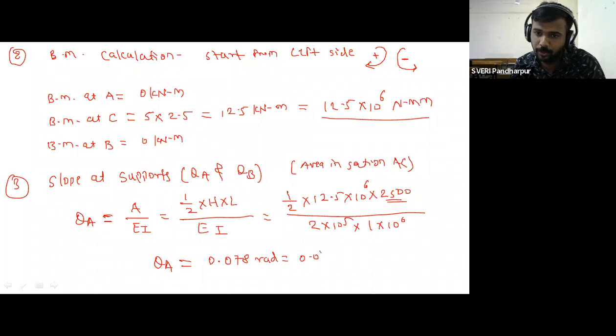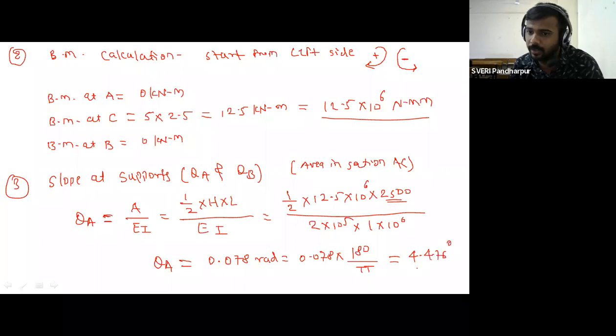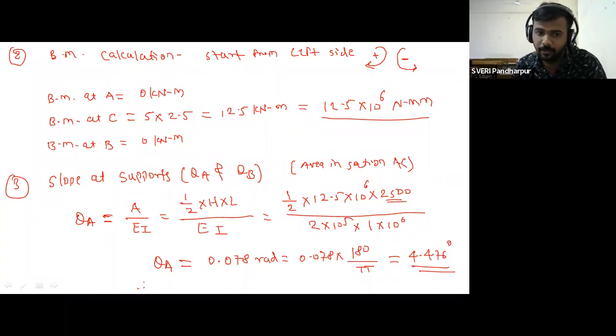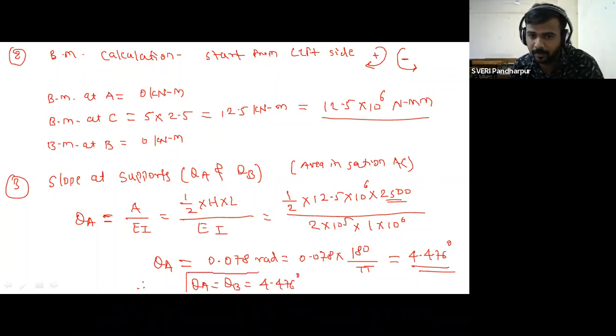So 0.078 into 180 by pi, which is equal to 4.476 degree. Therefore, theta A is equal to theta B is equal to 4.476 degree.